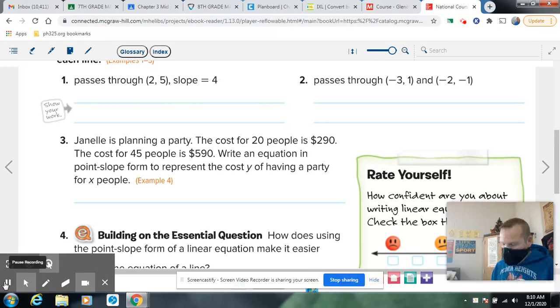And the bottom is 20 minus 45. Gives me the answer of negative 300 over negative 25.